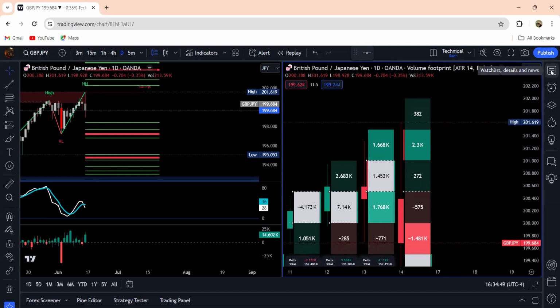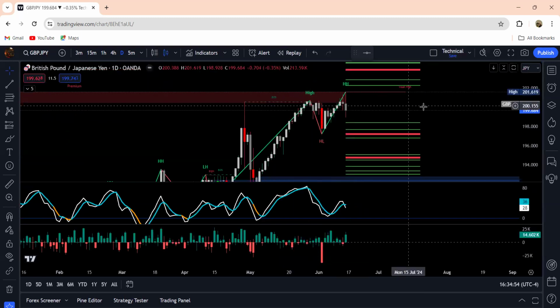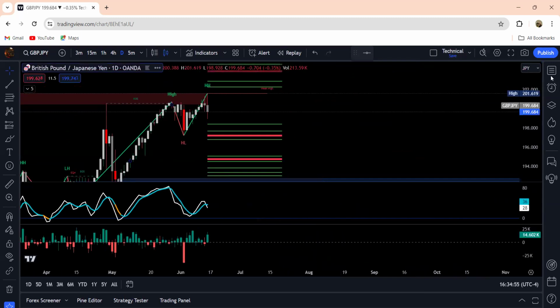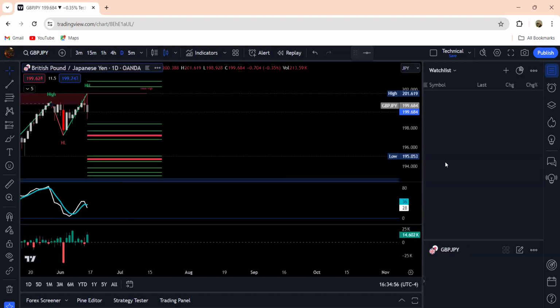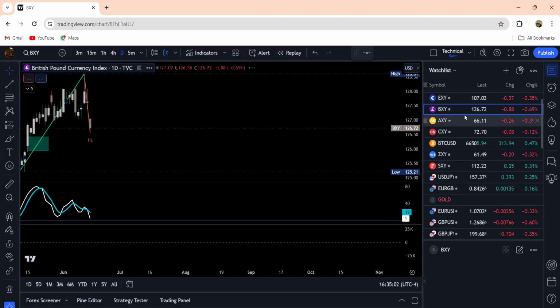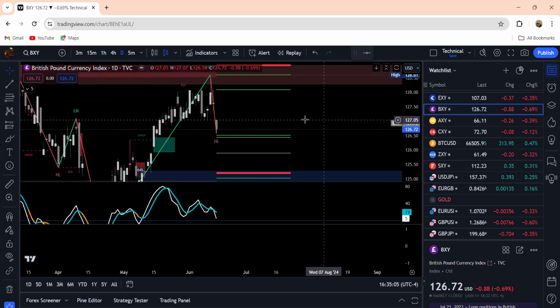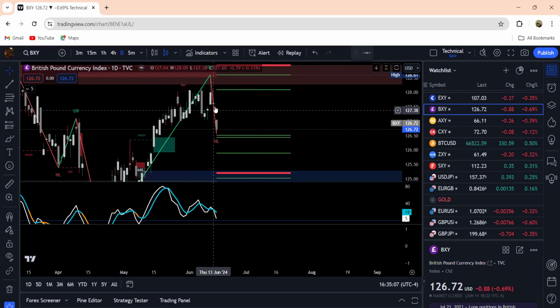We're going to take this back to one single chart, and let's look at just the British pound by itself. Let's see what momentum looks like. Yep. So momentum on the British pound is actually to the downside.